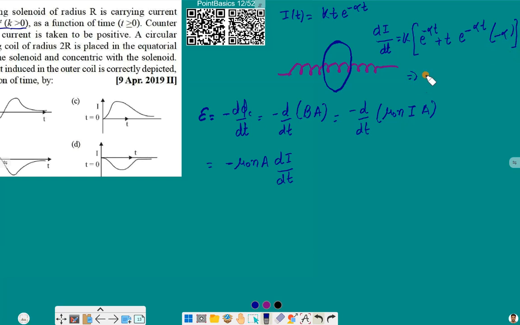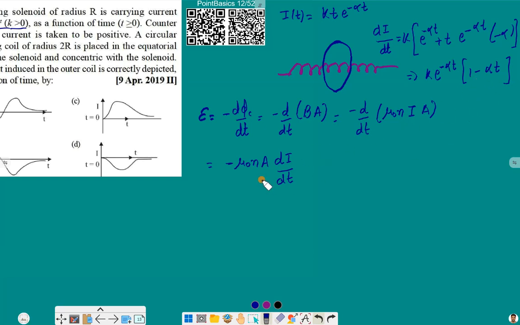So this will reduce to k e raised to power minus alpha t common, into 1 minus alpha t. So that will be the value of dI by dt.